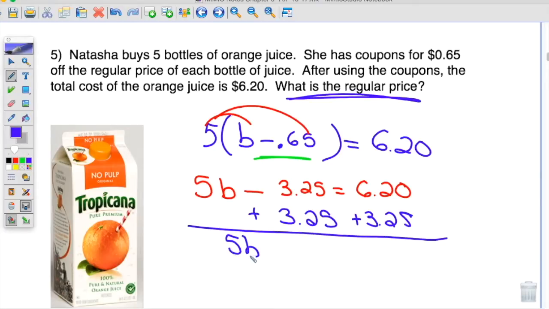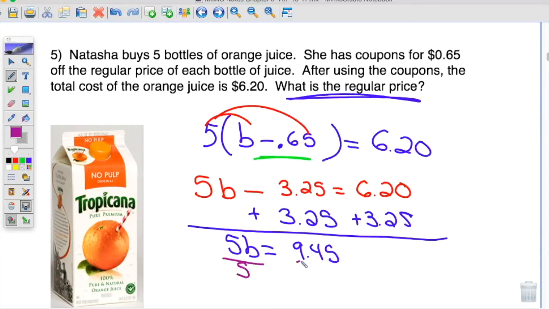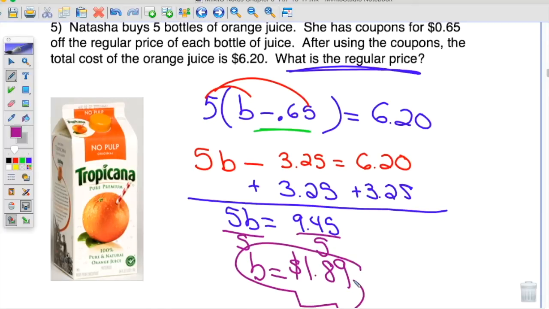So we're left with 5 bottles is equal to $9.45. That's the price for 5 bottles of juice, with the coupon being put back in. Now we have to divide both sides by 5 to get the price of 1 bottle. And when we divide that out, it's $1.89 for 1 bottle of orange juice.